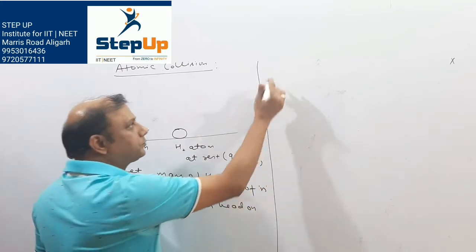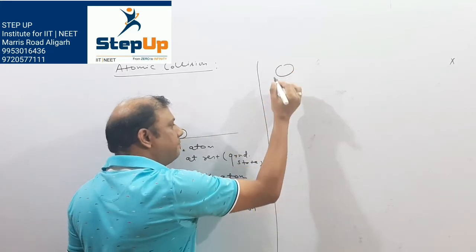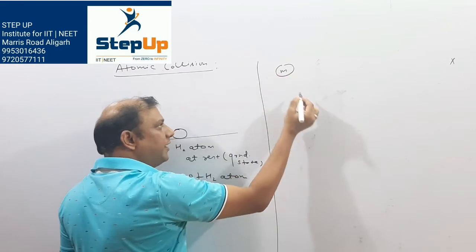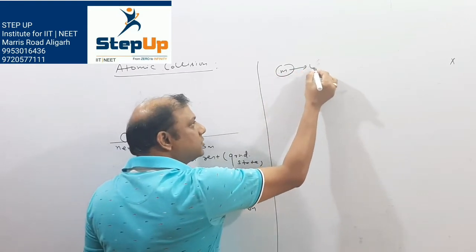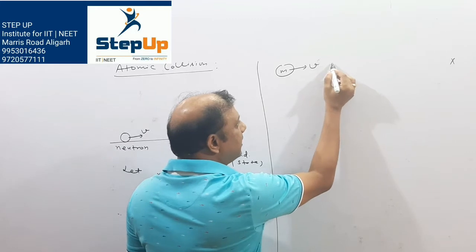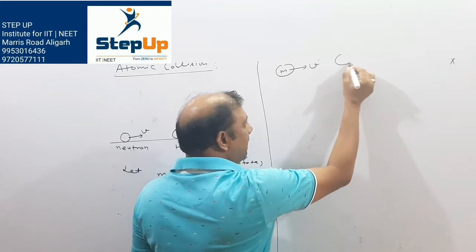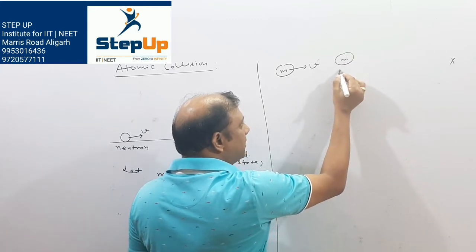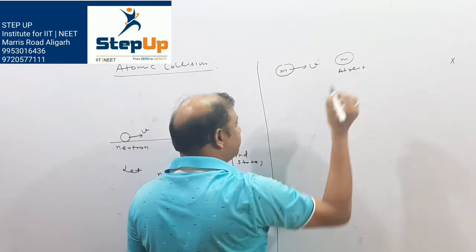Now we start with the simple concept of mechanics. This is the neutron having mass m, moving with speed v, and in the same line there is a hydrogen atom having the same mass, at rest.